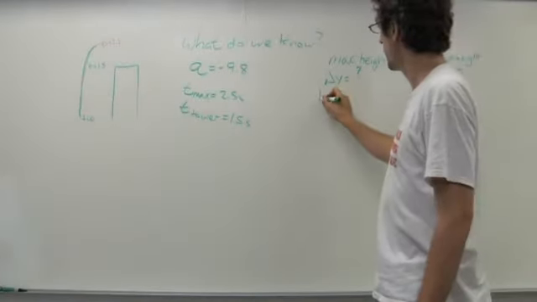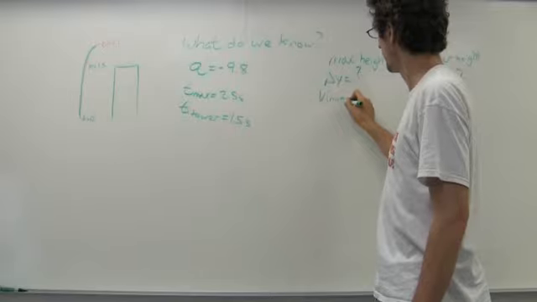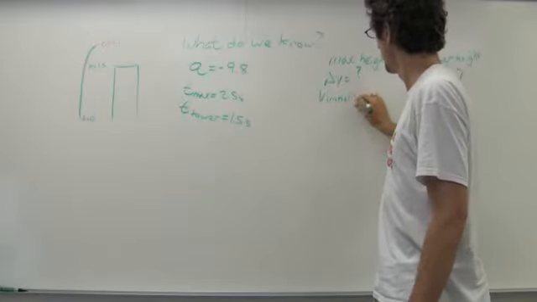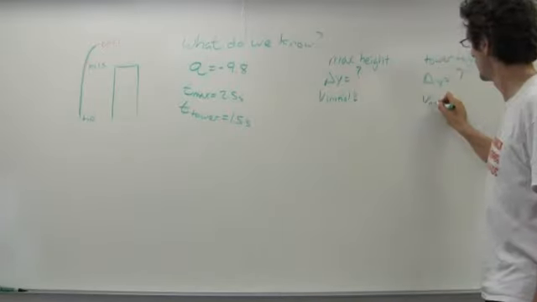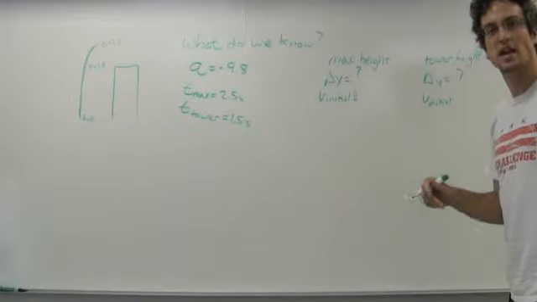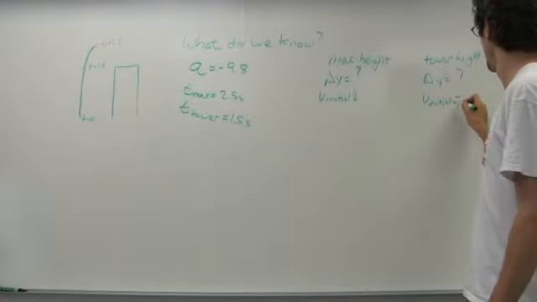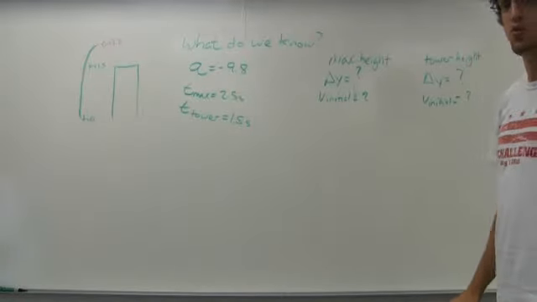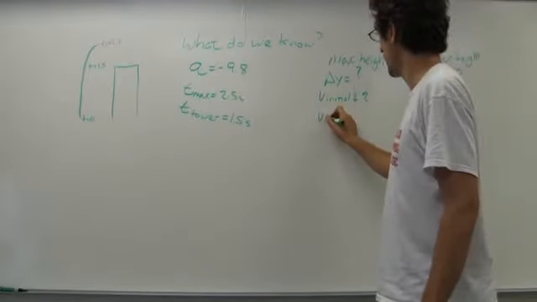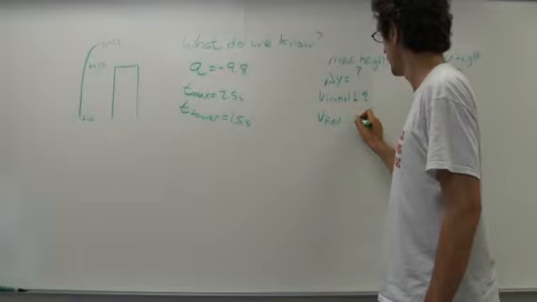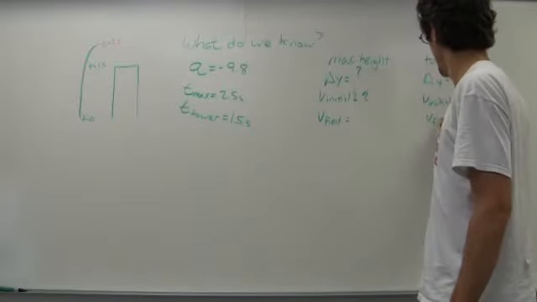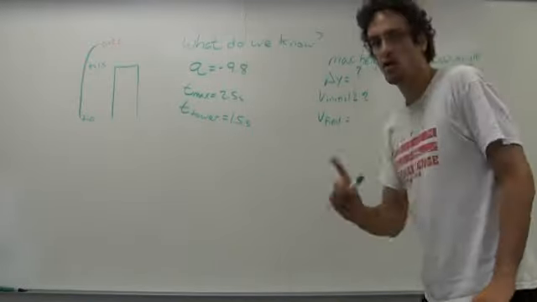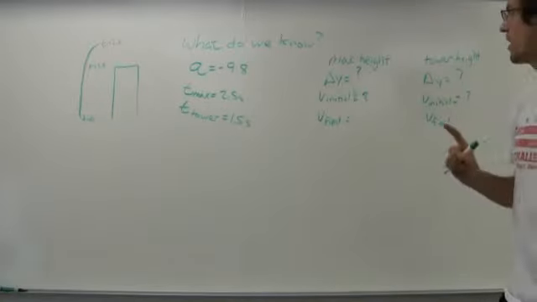Do we know the initial velocity of either of them? Again, the answer is no, we don't. Do we know V final for either of them? The answer is we know one of them. We know the final at the maximum height.